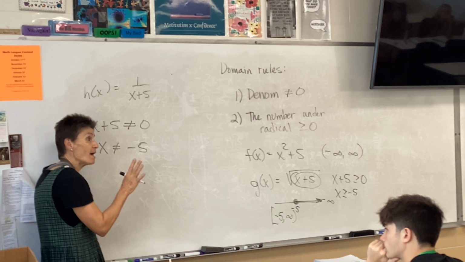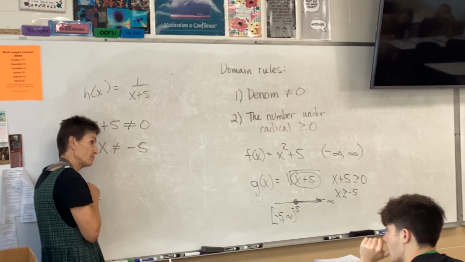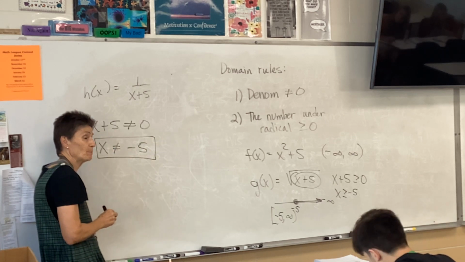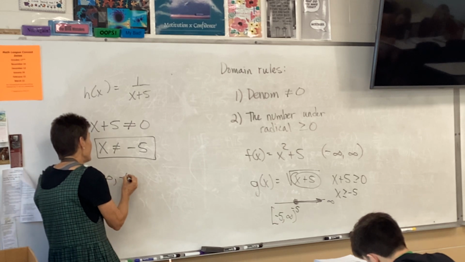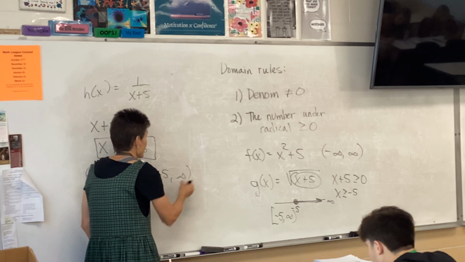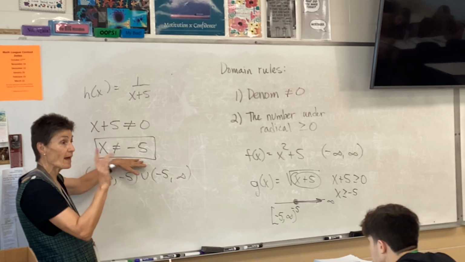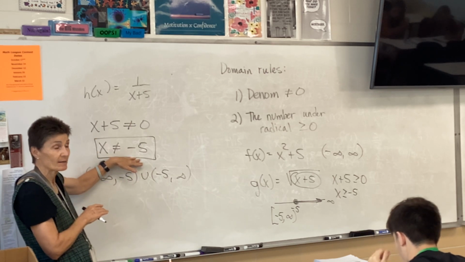So x can be every number in the whole wide world except -5. And I'm good if you just write that down. You don't have to put that in an interval. I'll show you what it would look like in an interval, but this is one of those cases where it's way more writing. So it's okay if you just say x can be everything except negative 5. It can't be negative 5.